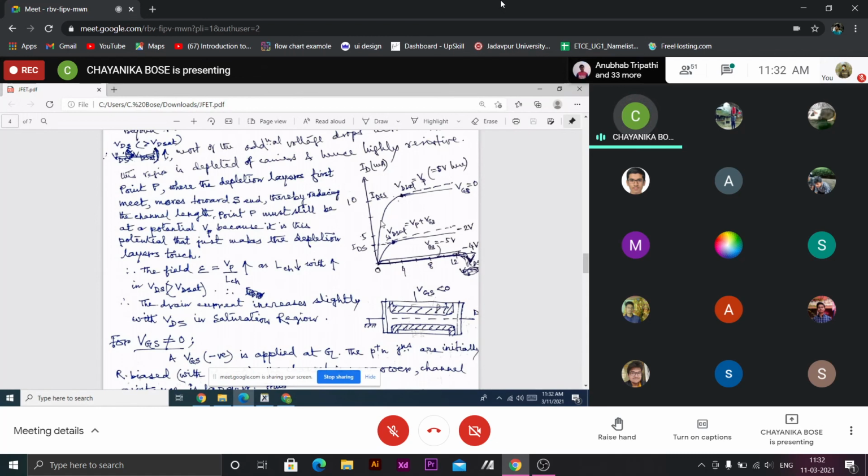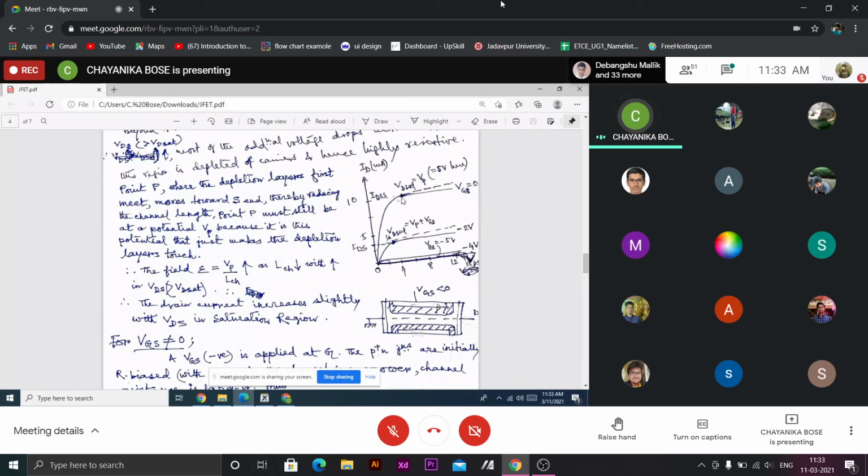And it is important because if we vary the gate voltage, the resistance also varies. That means by using this device in its linear region, we can realize a voltage controlled resistor, a resistor whose value can be tuned by applying a negative potential to the gate terminal. That is our control terminal. So in the linear region, the FET behaves as a voltage controlled resistor.